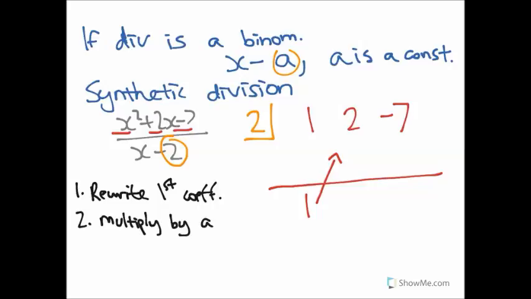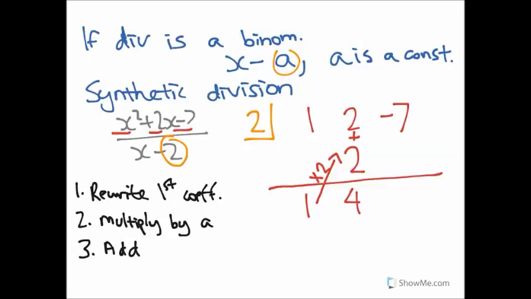So 1 multiplied by 2 gives me 2, so I'm going to write a 2 right here. Next step is to add. So then I'm going to add 2 plus 2, and that'll give me a 4.